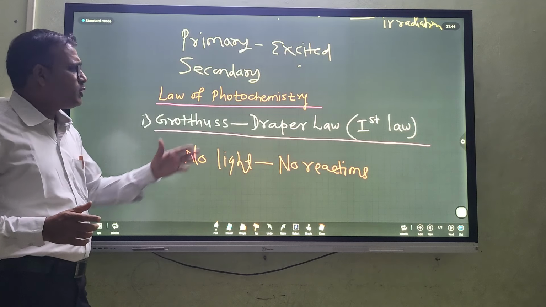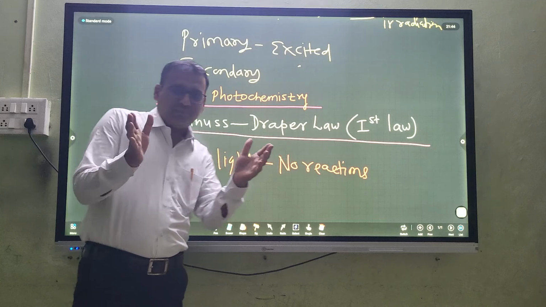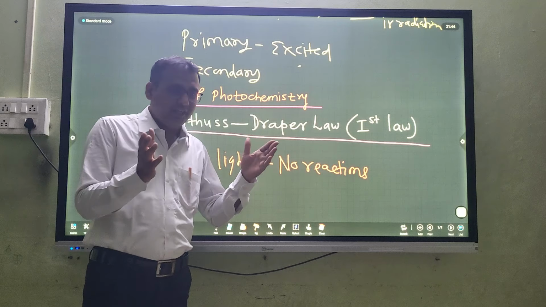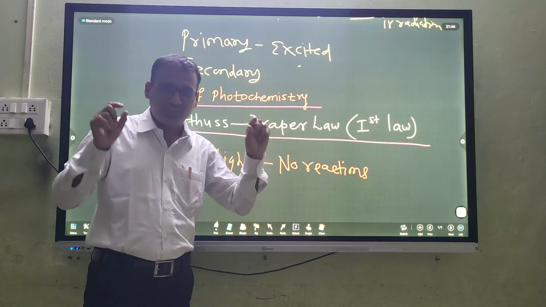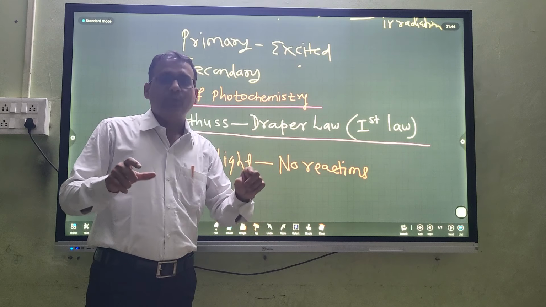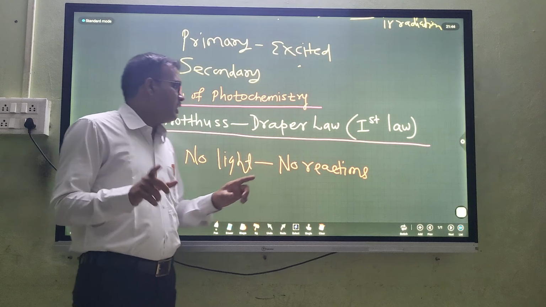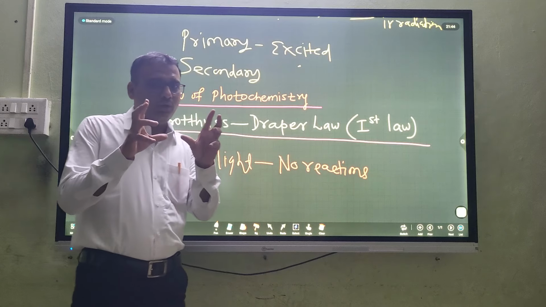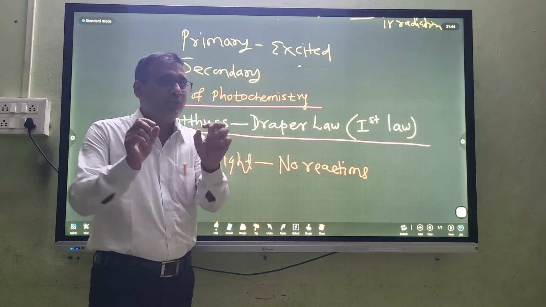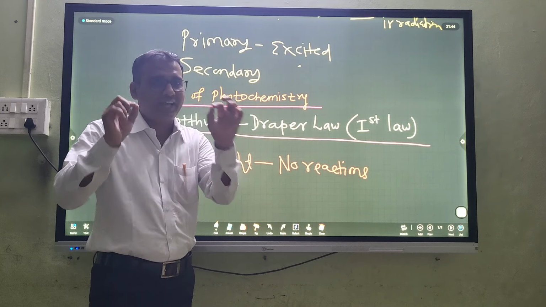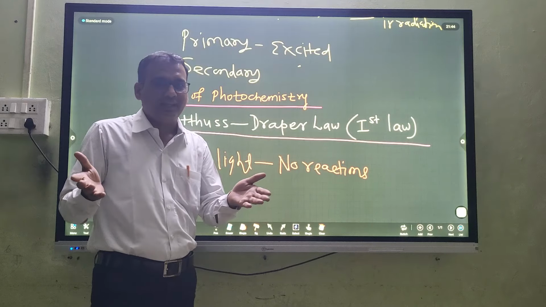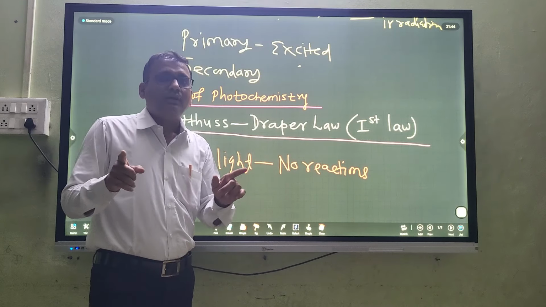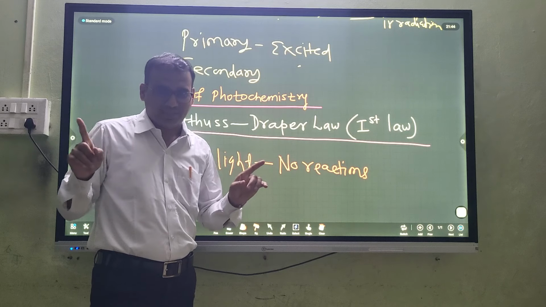Or suppose, you know that in sunlight or in any type of light, there are various types of radiations: UV, visible, IR, microwave, etc. But the molecule can absorb only visible radiation. In that case, if you provide UV light, the reaction does not take place.